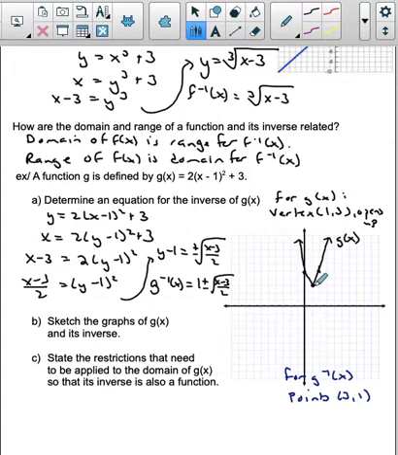Then I had this point here at (2, 5), so that would be (5, 2), and this point at (0, 5), so (5, 0). Then I can draw this using those 3 points, and now I flip that graph on its side. That's how I would graph my inverse.